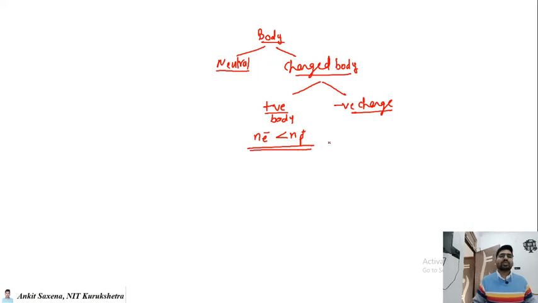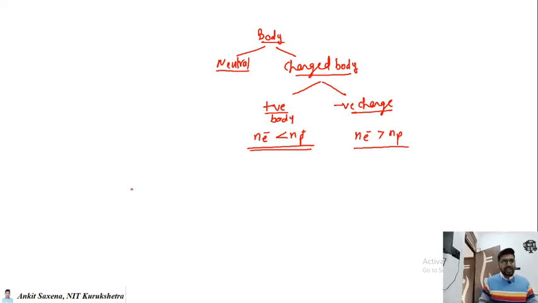Such body is known as the positive charge body, and if the number of electrons on a body is greater than the number of protons, such body is known as the negative charge body. So here we classified the body on the basis of charge. If it is a positive charge body, the number of protons is more than the number of electrons, and if the body is a negative charge body, then the number of electrons is greater than the number of protons.